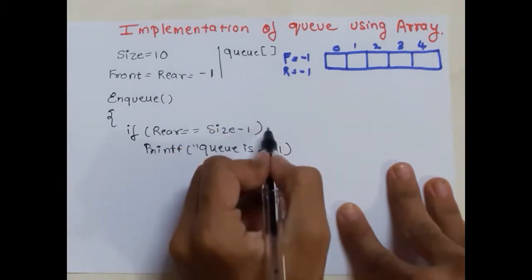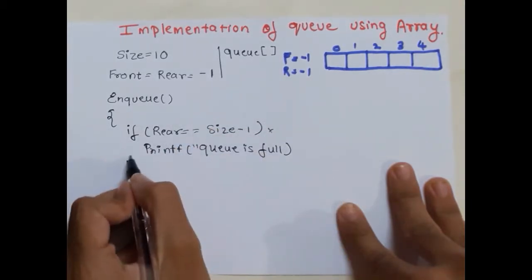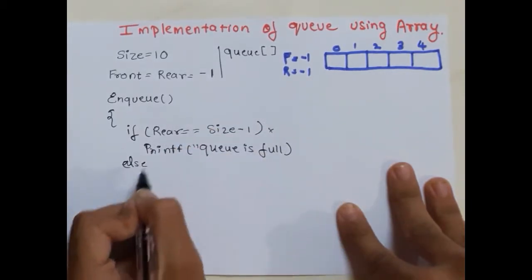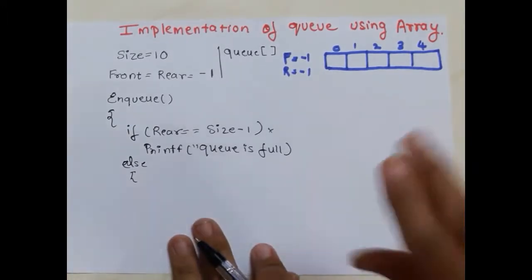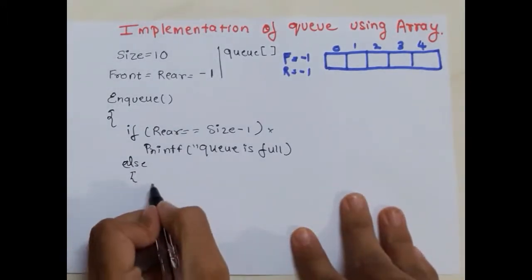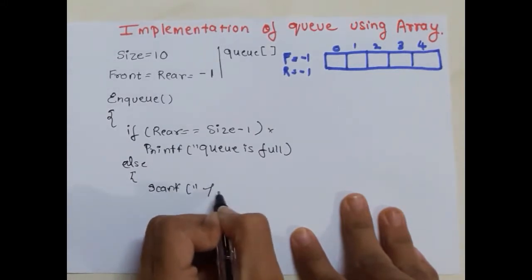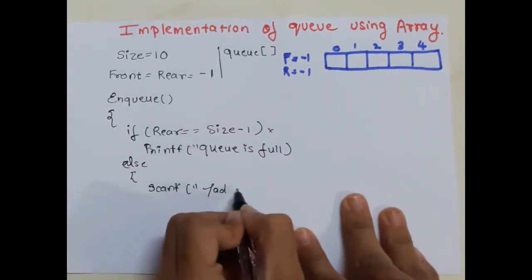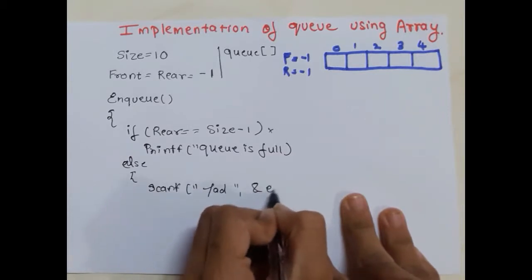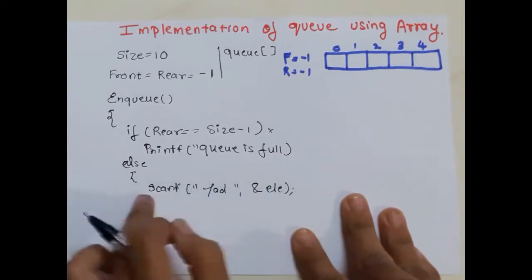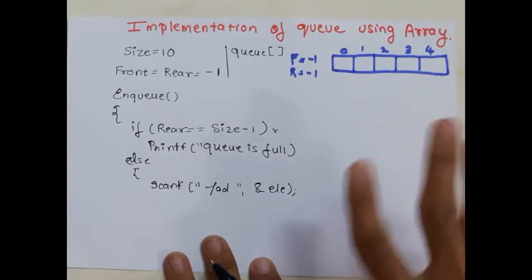And if this condition is not true, then it will enter the else part. In the else part, we will scan the element which we want to insert into the queue, so scanf %d. In this line, we read the element which we want to insert.